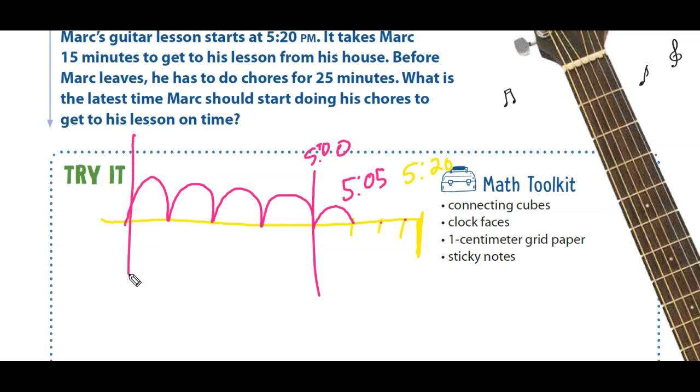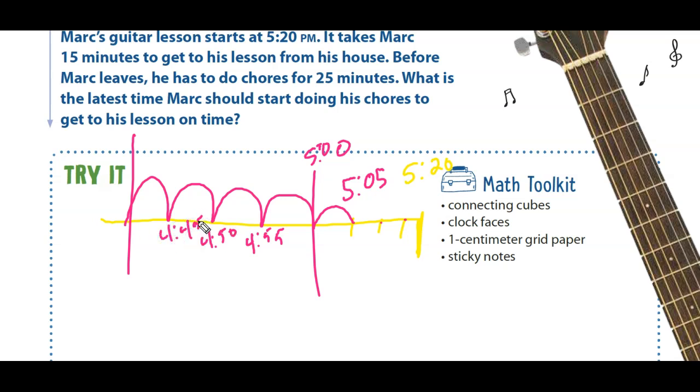So if I went to 5 o'clock, I'm counting backwards, so now I'm into the previous hour. What's before 5? 4. So now it would be 4:55, 5 less, 4:50, good. 5 less again, 4:45, good.